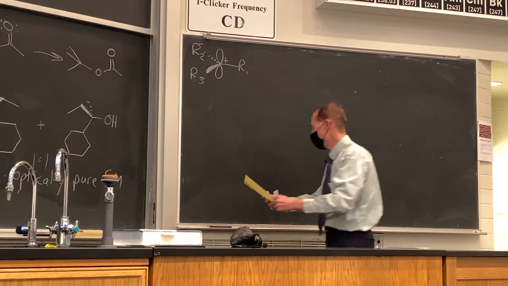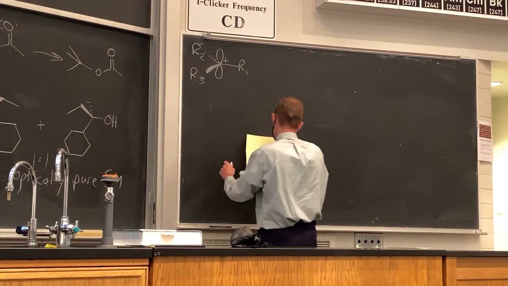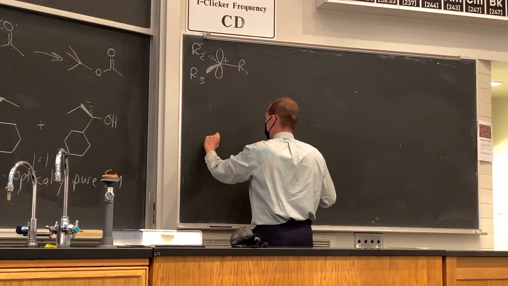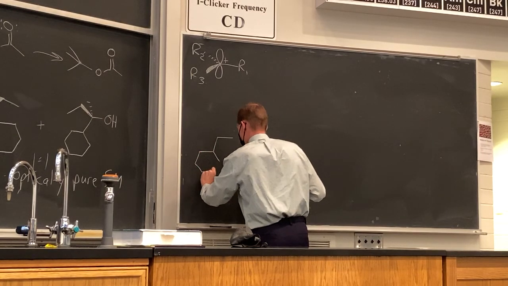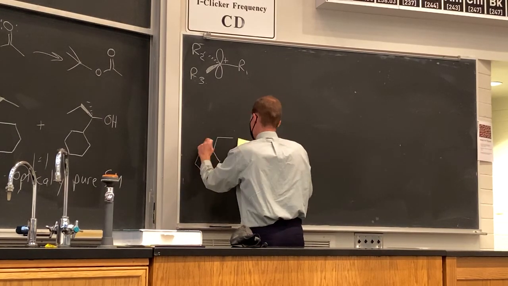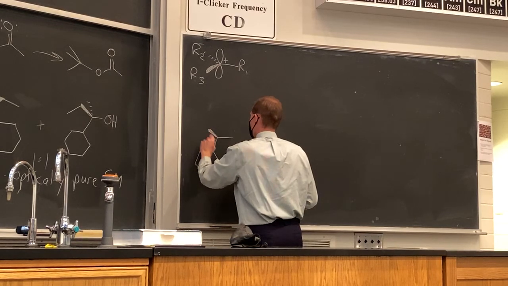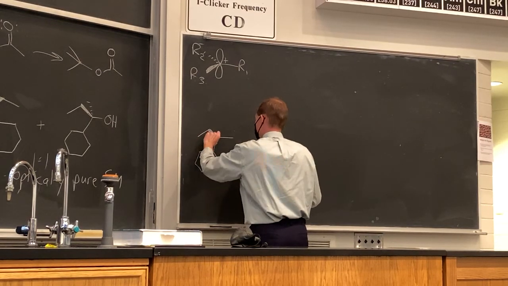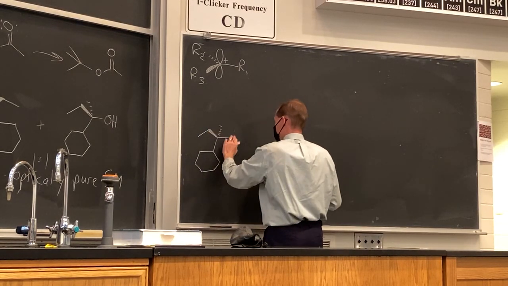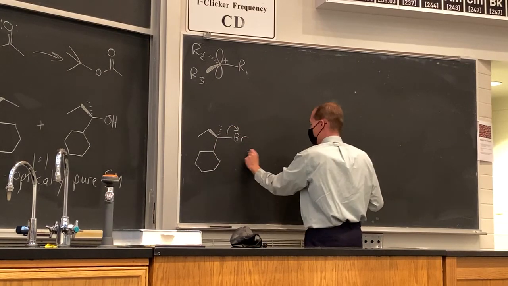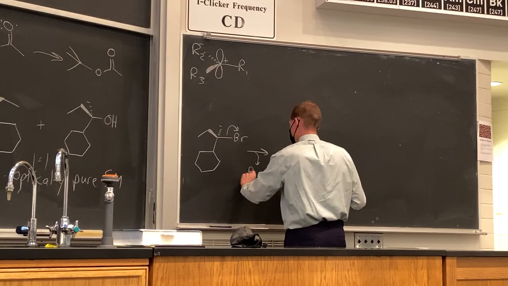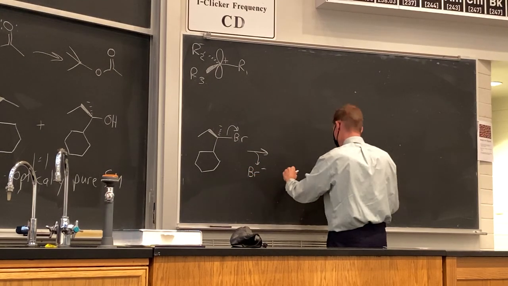So we'll go ahead and draw that on the board for our example alkyl halide, our cyclohexyl, and then we'll also show you how we end up getting the alcohol. Okay, so we're going to lose bromine. I'll just go ahead and draw the bromide right here.